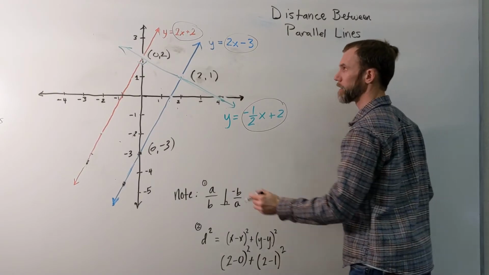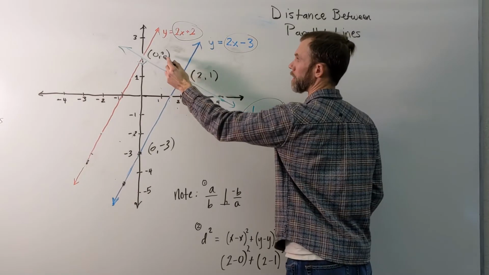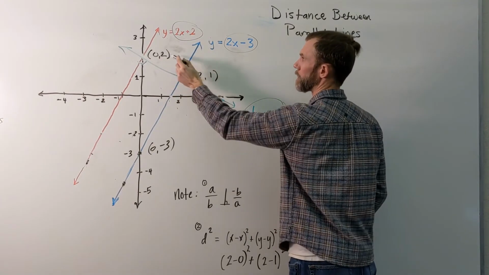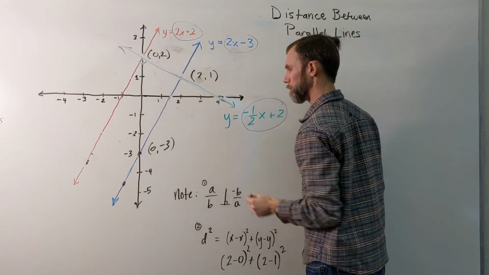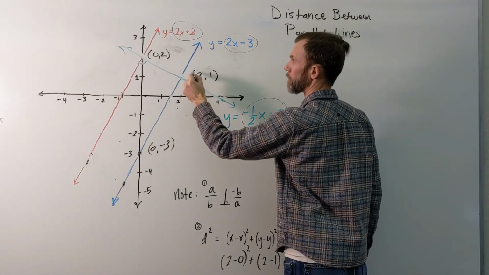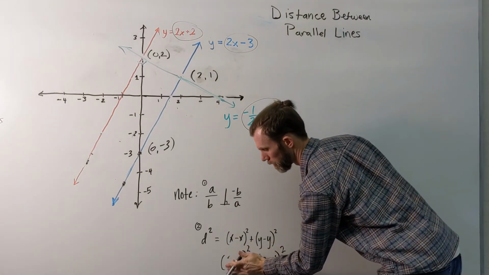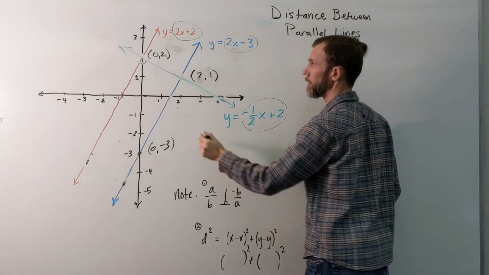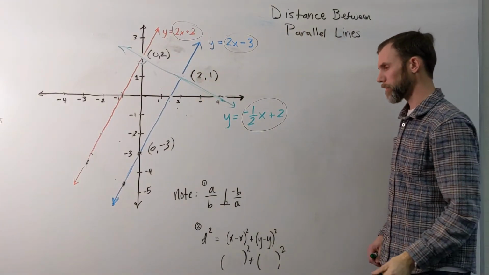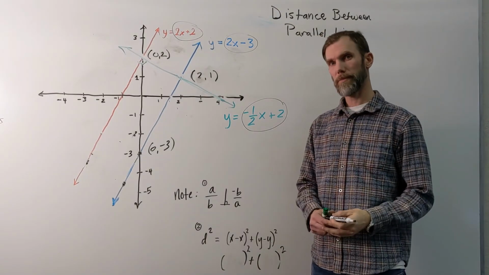The problem with that is when you did 2 take away 0, that's point 2 take away point 1, but then you did 2 take away 1, which is point 1 take away point 2, and so you're going to get your values swapped there. So if you go 2 take away 0, you have to go 1 take away 2. Or, it would also be as valid, if you did 0 take away 2, you then have to do 2 take away 1. So you have to subtract in the same direction for the points. And those are the most common errors.